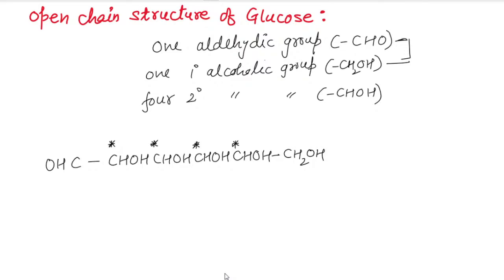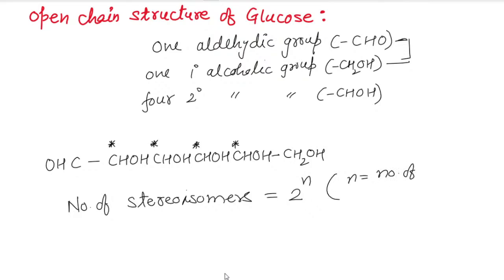So how many stereoisomers are there? You know, the number of stereoisomers is equal to 2 raised to power n, where n is the number of chiral carbons.